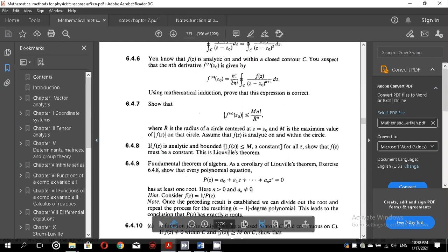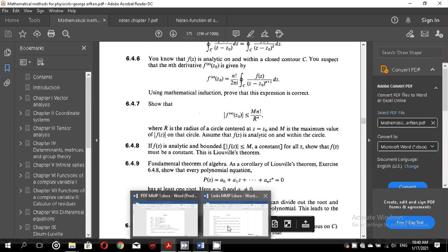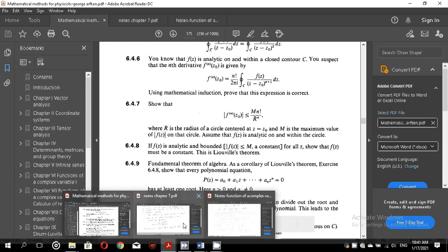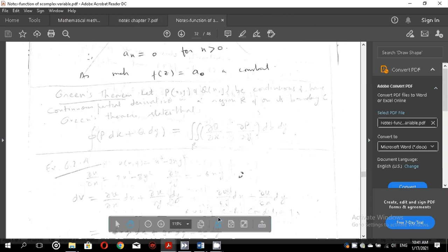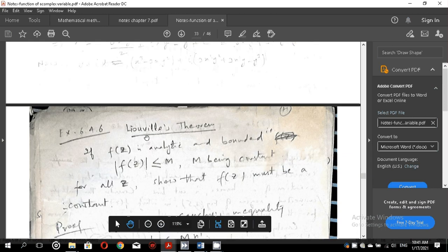So what we have done to solve this exercise is very simple. Over here I have solved it somewhere here. Okay, here is the solution of Liouville's theorem.